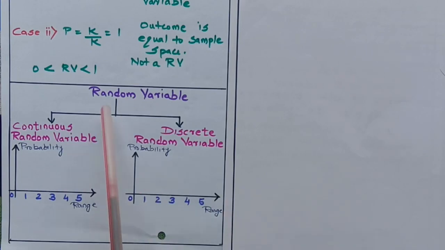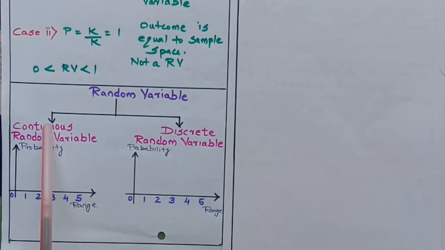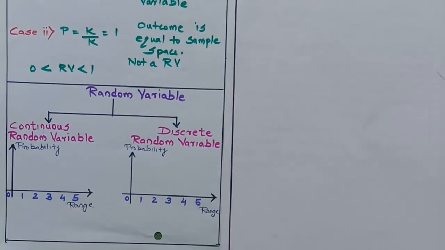Now, random variable is of two types: continuous random variable and discrete random variable. Since it is a discrete random variable, we can plot a graph of probability versus the range.